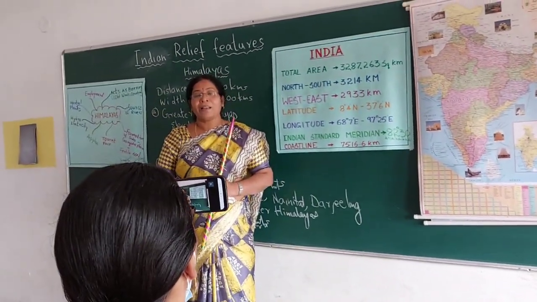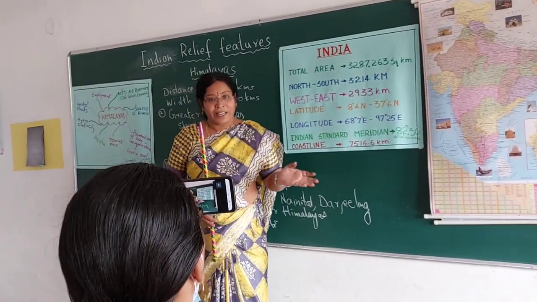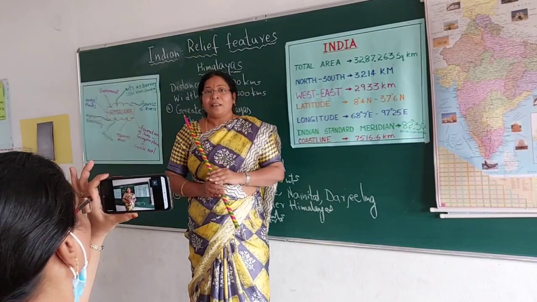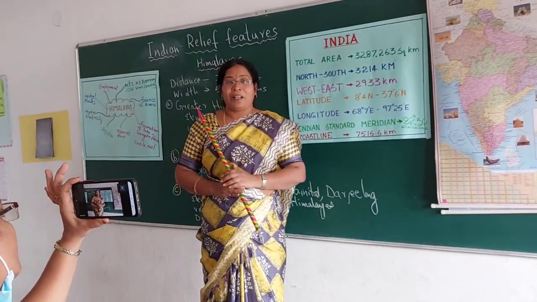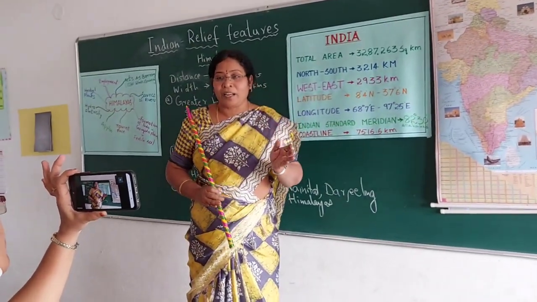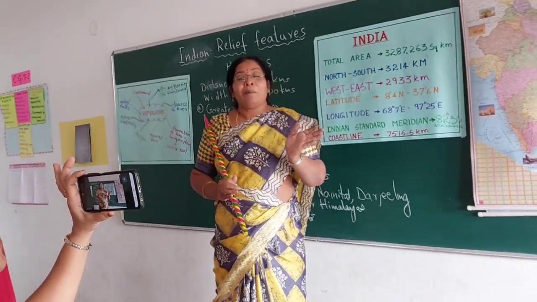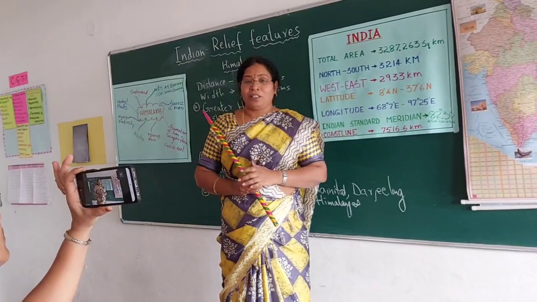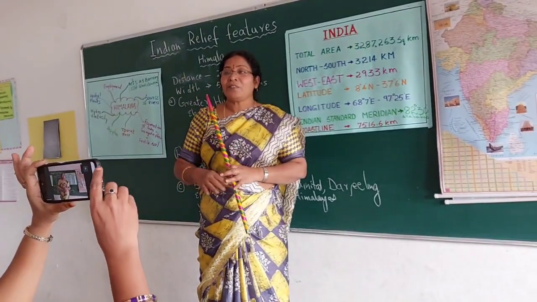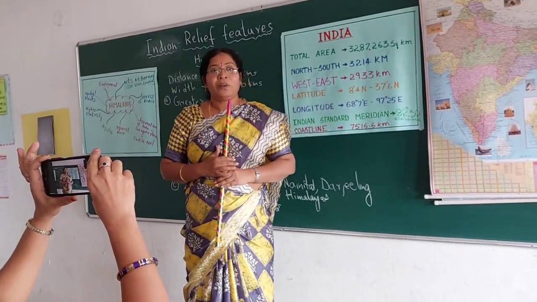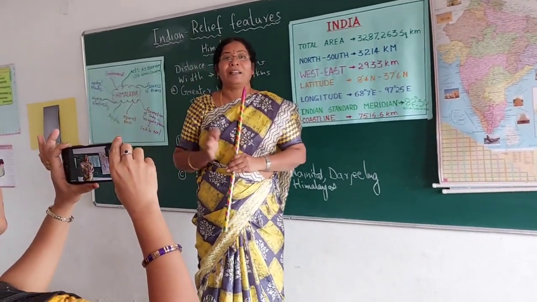And from there, the countries which are located east and the countries which are located west, there will be a time difference. All the countries which are located towards the east, they will be ahead of Greenwich longitude. And the countries which are behind the Greenwich longitude, they will be behind in time.